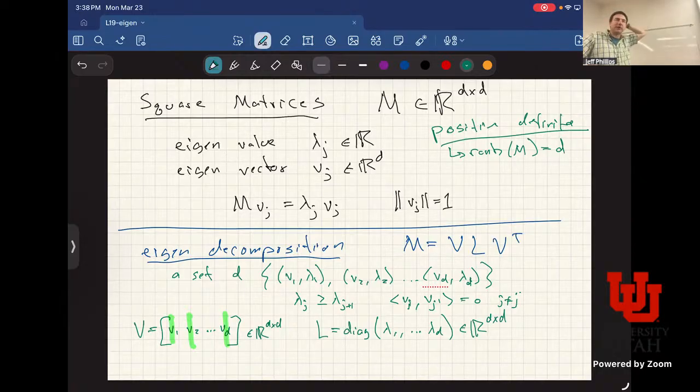You probably spent some time dealing with special cases. We're going to circumvent those cases by only starting with nice matrices M, and then we're going to show how to get this eigen decomposition.